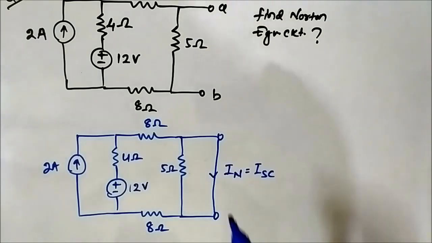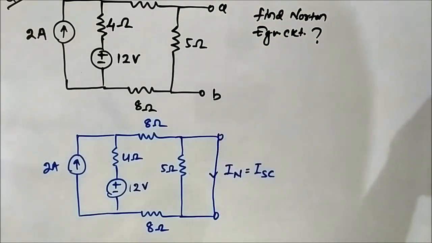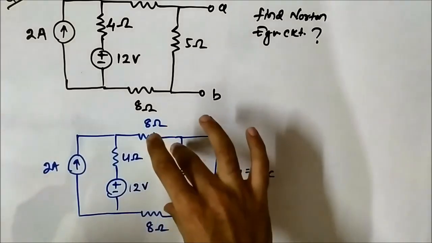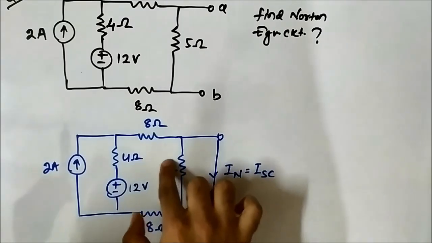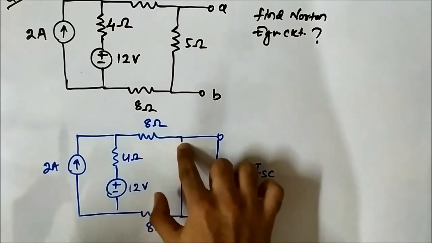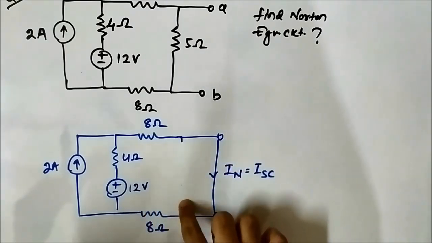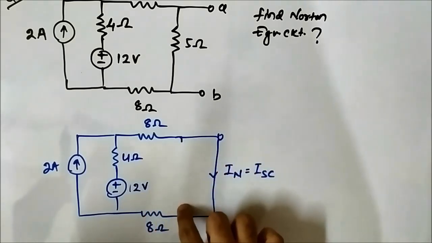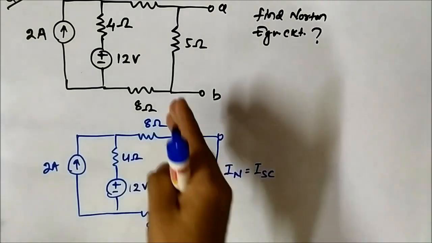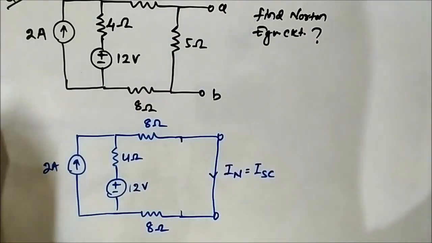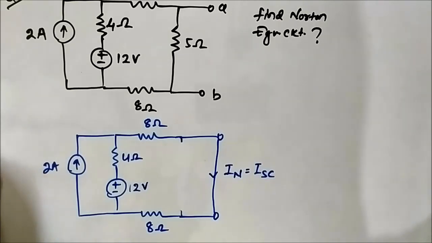Now when we short circuit these two terminals, the resistor connected in parallel across the shorted path goes out of the circuit, because the equivalent resistance will be 0, since short circuit means resistance is 0. The 5 ohm resistor goes out.